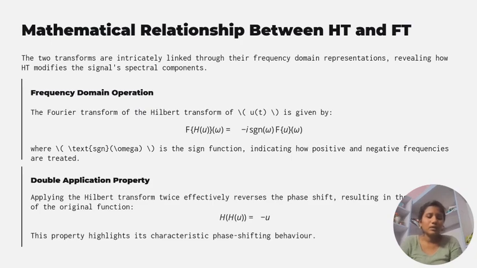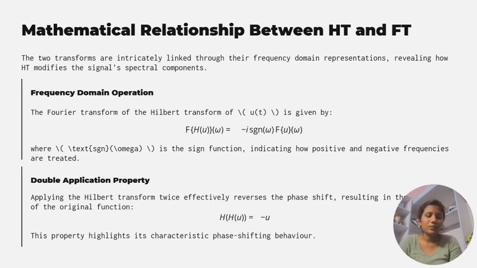Frequency domain operation: the Fourier transform of the Hilbert transform of u of t is given by F of H of u of t, evaluated at omega, equal to minus i sgn of omega times F of u of omega, where sgn of omega is the sign function indicating how positive and negative frequencies are treated.